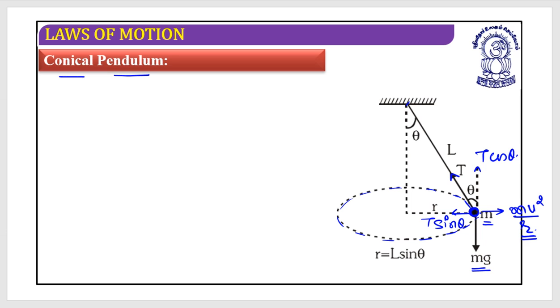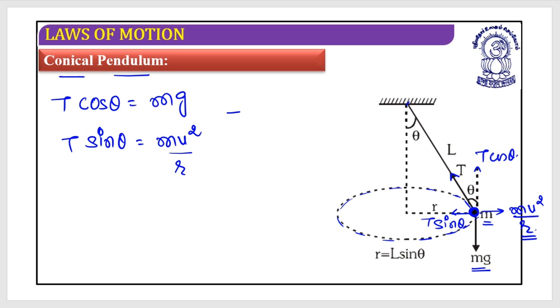So if I write down all the forces, in vertical direction, I can have T cos theta should be equals to mg, and T sin theta should be equals to mv square divided by r. This is relation number 1. This is relation number 2. Let's divide 2 by the 1.